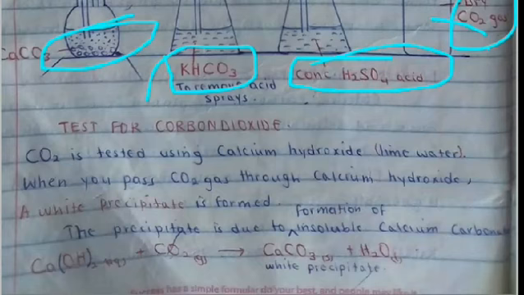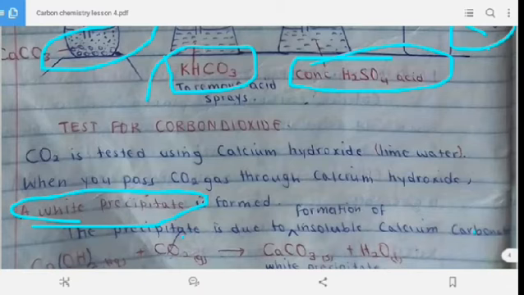So what do you observe? When you pass carbon dioxide gas through calcium hydroxide, a white precipitate is formed. Hope you were together. Now the equation will be calcium hydroxide plus carbon dioxide gas.